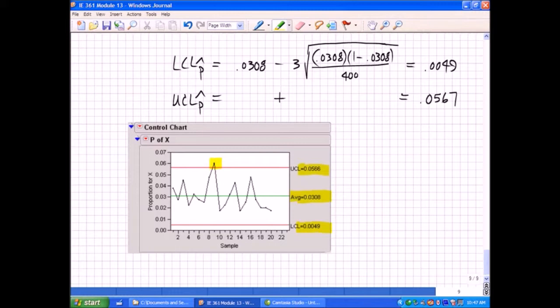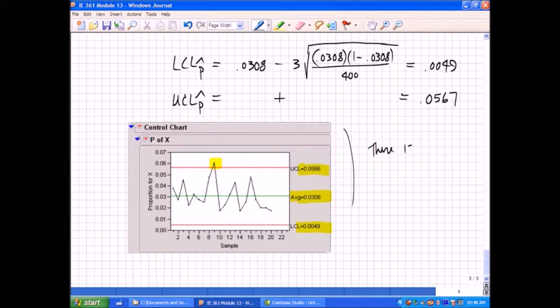And so in either case, whether one thinks about this example as a real-time standards given application or thinks of it as a retrospective application, there's a point that plots outside of limits.